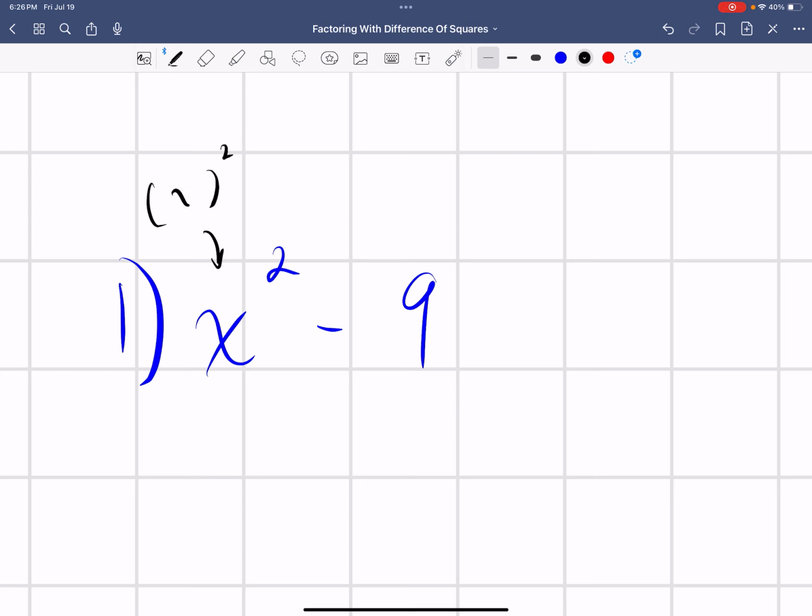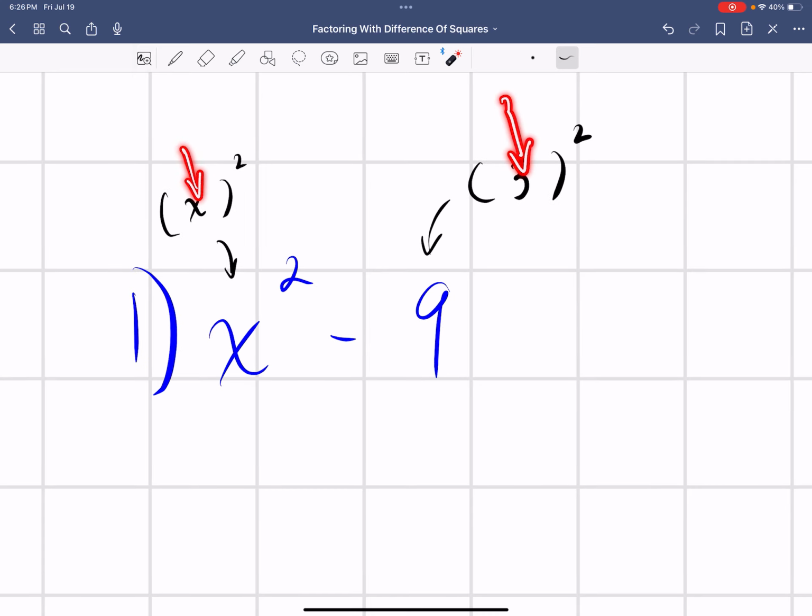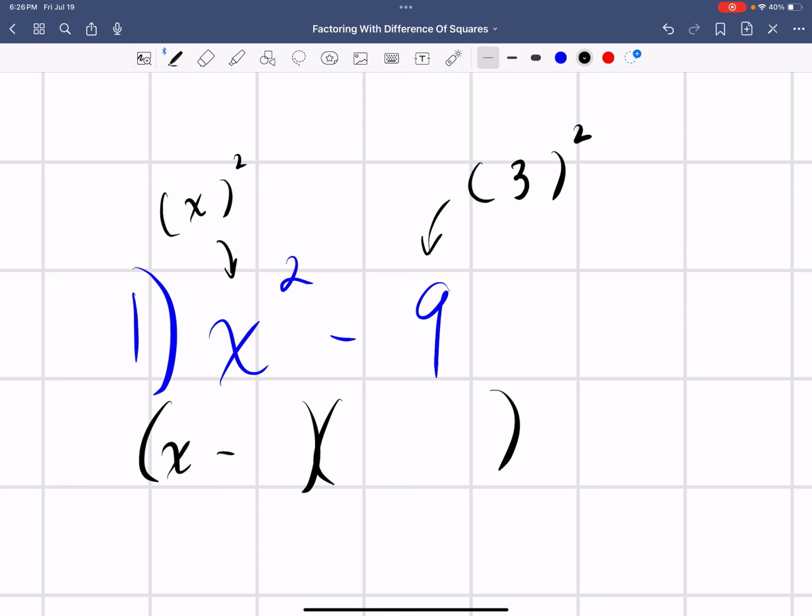Well, clearly that's just x, right? And what squared gives us the second term? That would be 3. And by doing that, you've identified a and b in the pattern, right? This is a and this is b. So factoring it is then really easy. We'll just do the first term minus the second term times the first term plus the second term, and voila, done.